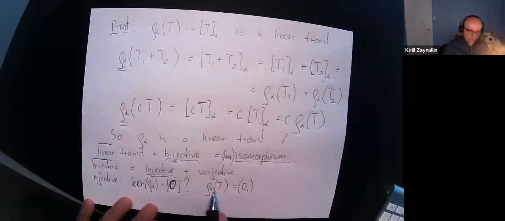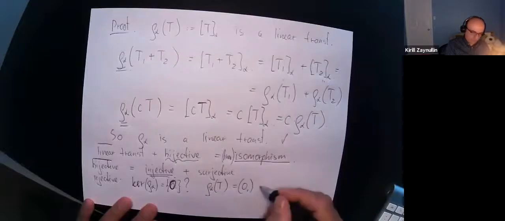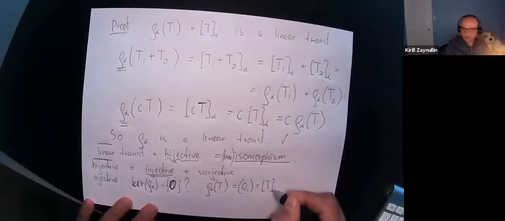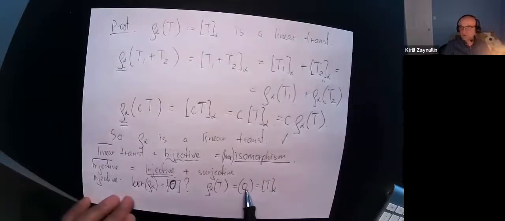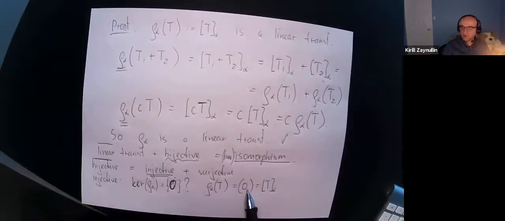So this is a zero transformation matrix. But what does it mean? It means that all the coefficients are zeros, when you expand it as a linear combination of basis vectors.